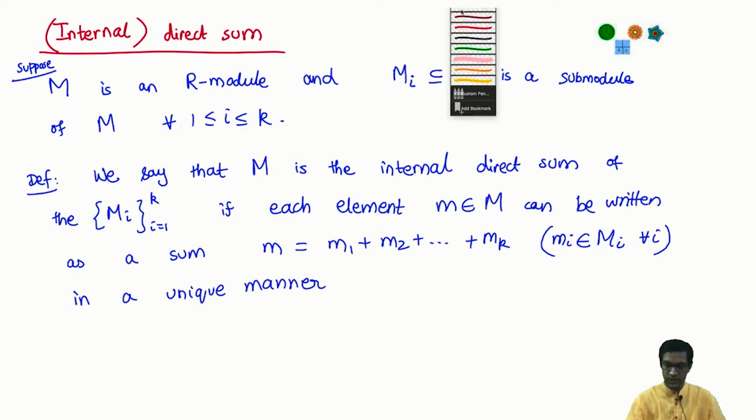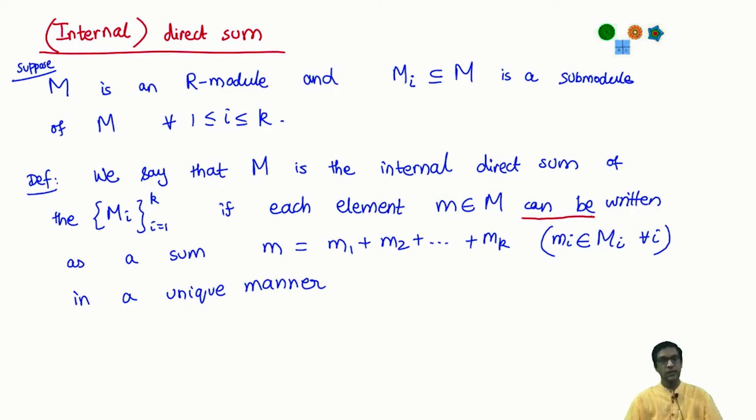So there are two parts to this definition. On the one hand, you can write it. In other words, there exists such a way of writing m, and there is a uniqueness part also, that this way of writing must be unique.